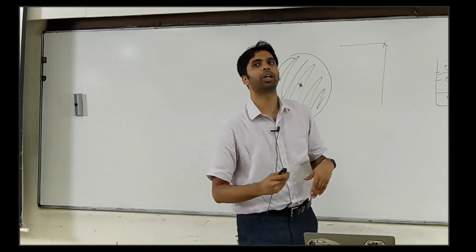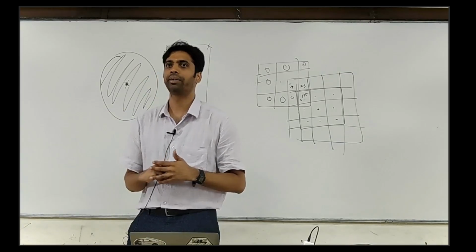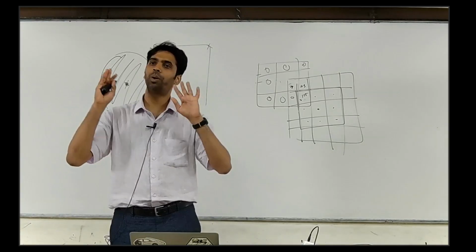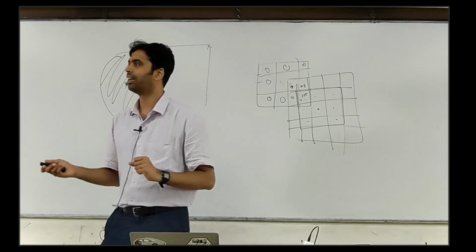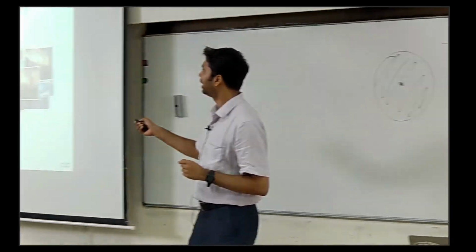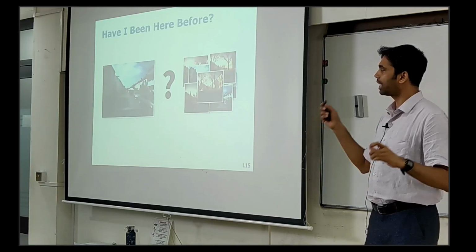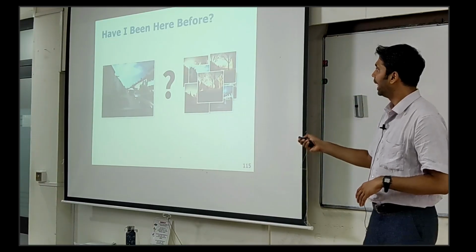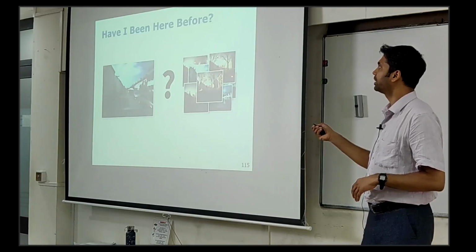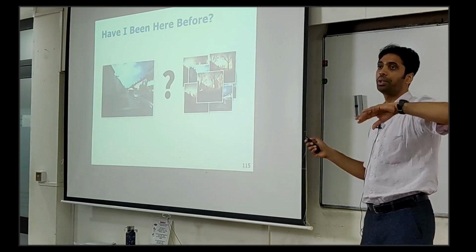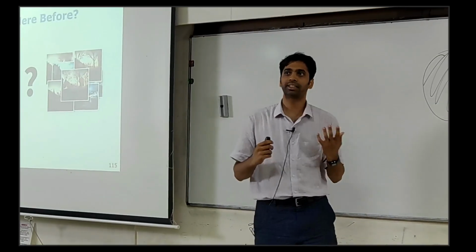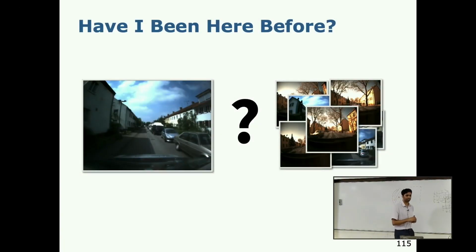Let's say you're building an autonomous driving car. In the first run, you don't let it drive autonomously; somebody drives the car, and you record the images as you drive. Now, the next time the car wants to go there, it wants to find out where in the images that you recorded before you are currently located. That's the question you're trying to answer here.